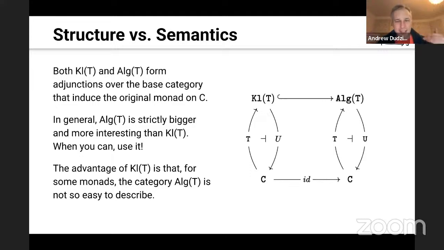And this was exactly an issue of the Kleisli category, because the functor in question sends a set to the polynomial ring generated by that set, with indeterminates drawn from that set. And so that's a monad. And its Kleisli category is just the category of all the polynomial rings. But its full category of algebras now includes all commutative rings.